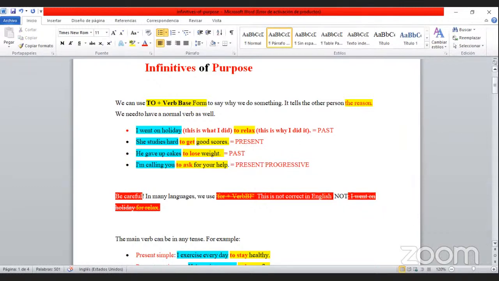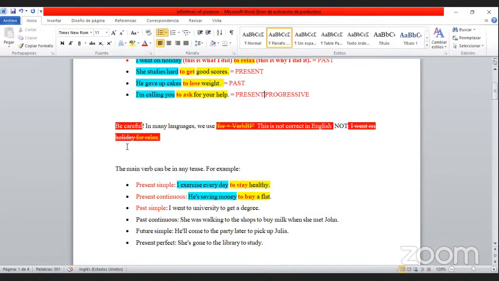Okay, so here we have an extra note. It says we have to be very, very careful. Some people use, instead of to, for, for example, I'm calling you for ask for your help, or he gave up cakes for lose weight.